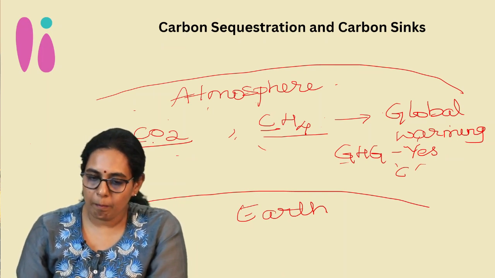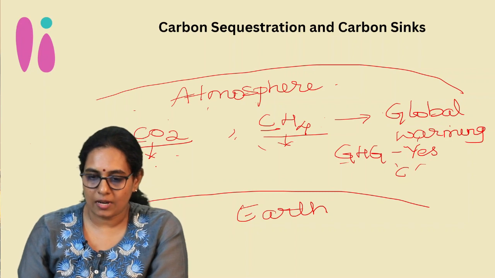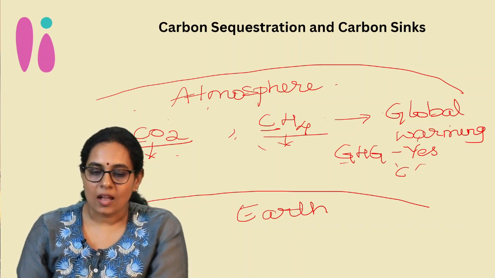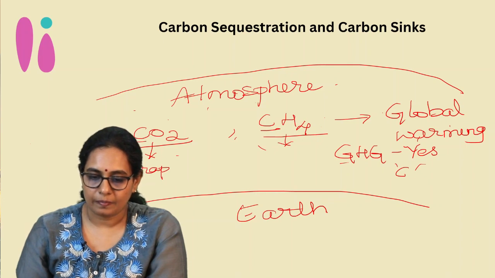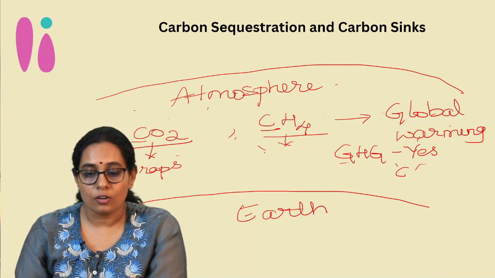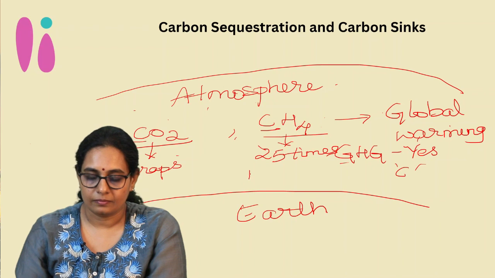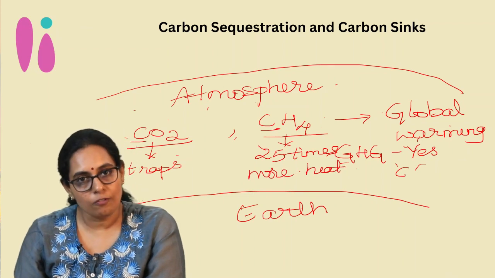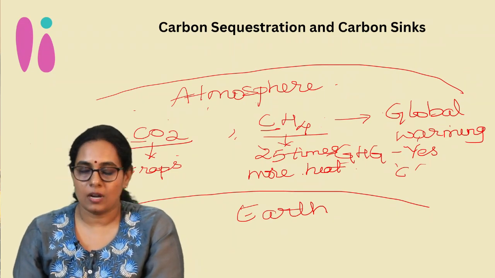When you compare the impact of carbon dioxide and methane, carbon dioxide traps less heat, whereas methane has the capacity to trap 25 times more heat. So the heat trapping capacity of methane is definitely larger when compared to carbon dioxide.